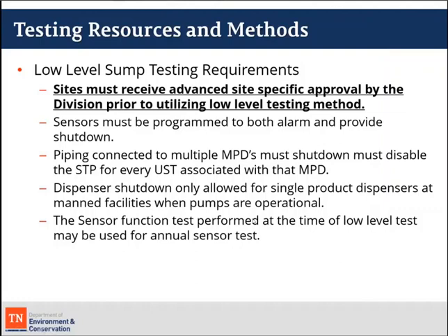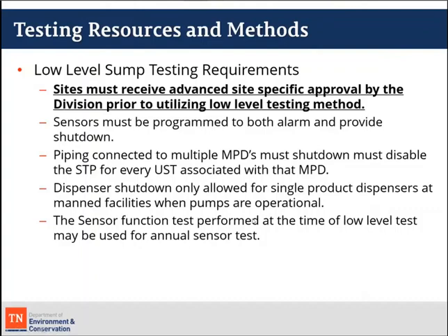Just because we haven't come up with sensors that can say, oh, this is diesel fuel, this is E10 87 octane. So that is the idea behind that, is that the sensors don't know what product has been released. So on the side of caution, you must shut down all of those USTs, all those pumps.